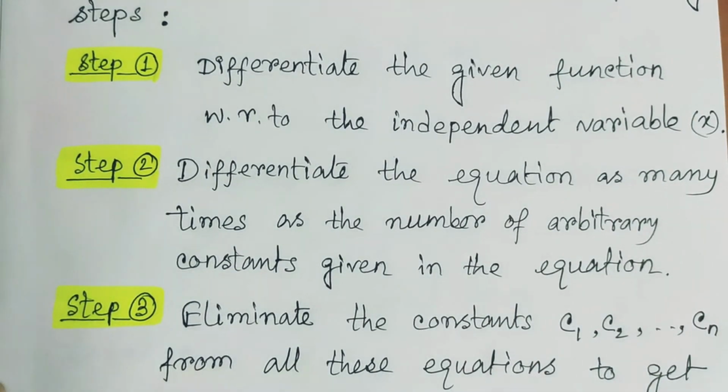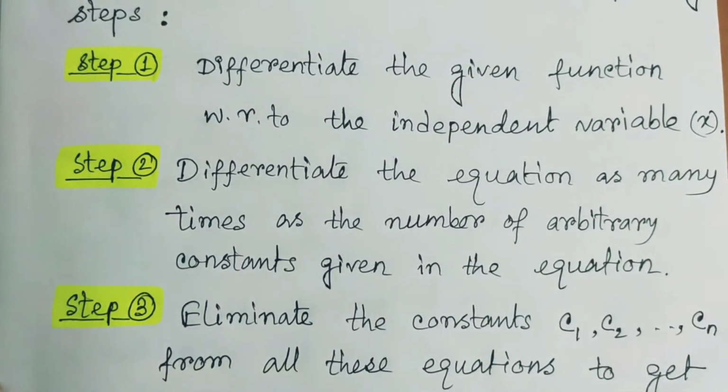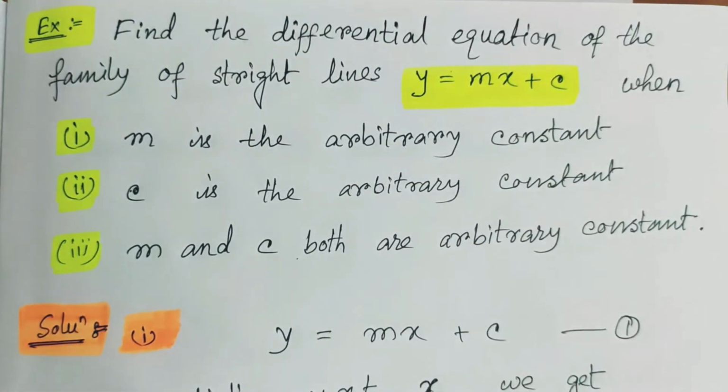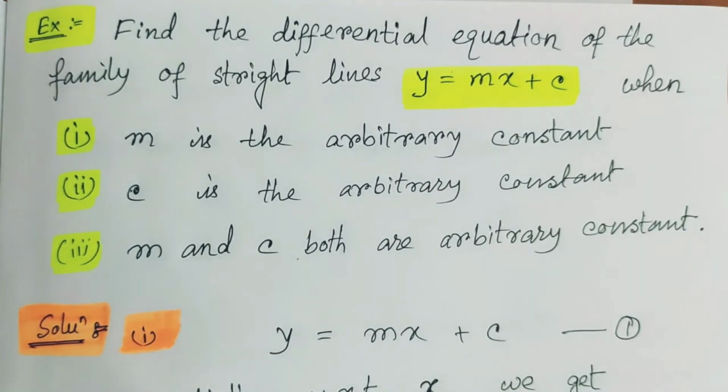With some examples, we should verify how to form a differential equation if a particular primitive or equation is given. Let us start with a very simple and known example. A straight line is given. Everyone knows the equation of a straight line: y = mx + c.